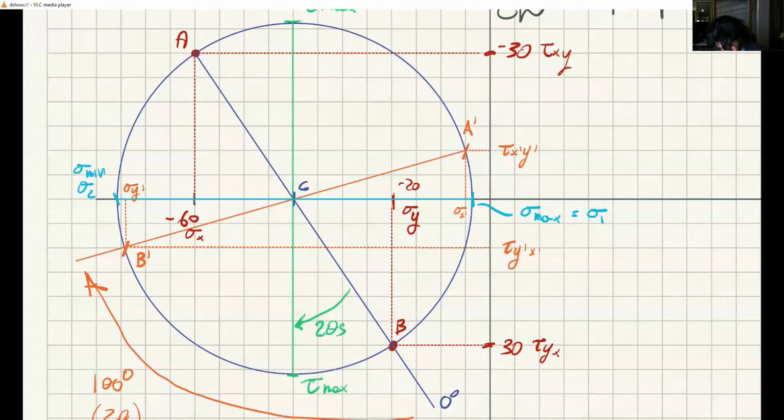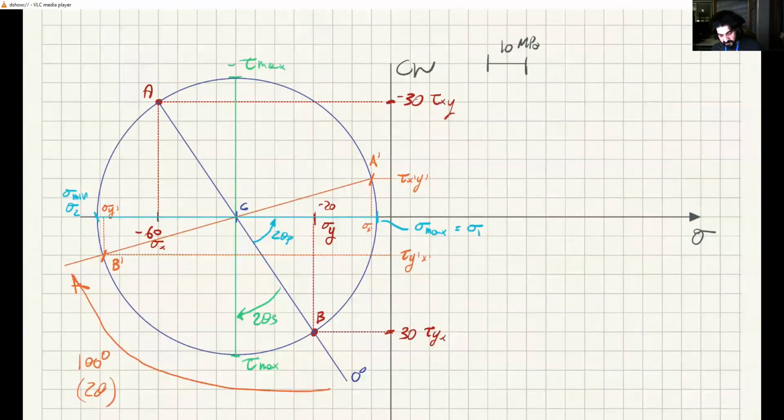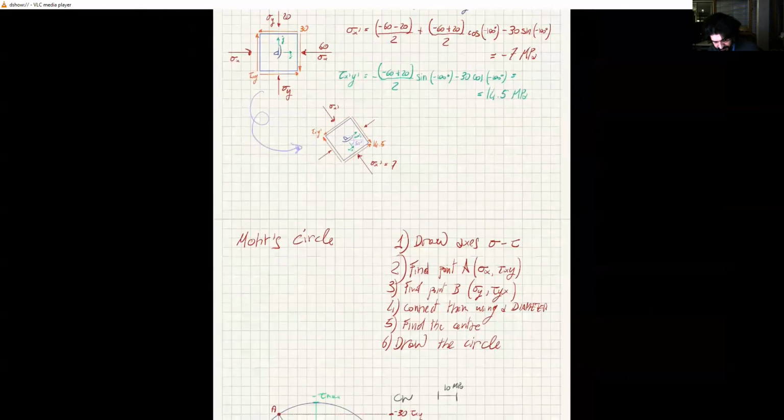So if you rotate the element by 2 theta p angle in the opposite direction, in a clockwise direction, you end up in a state of stress that is perfectly normal stress. There is no shear stress. See, all these ones lie on the sigma axis where tau is 0. So let me copy this.